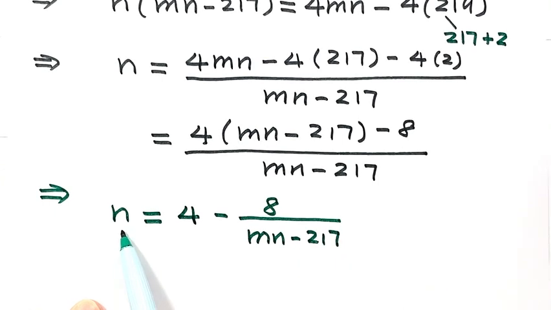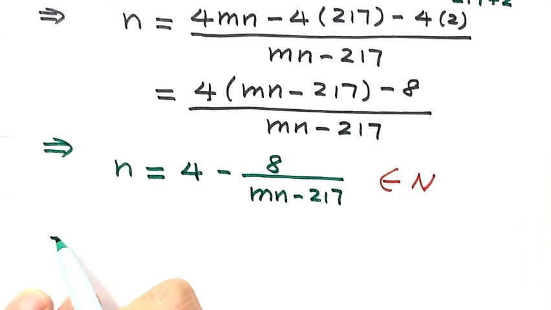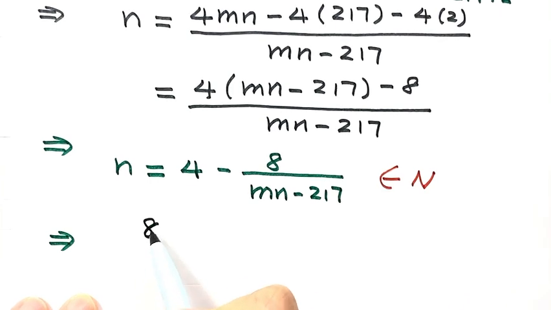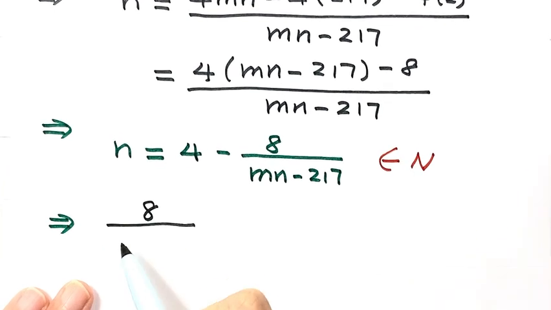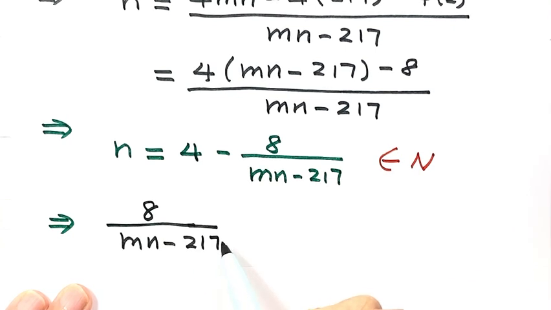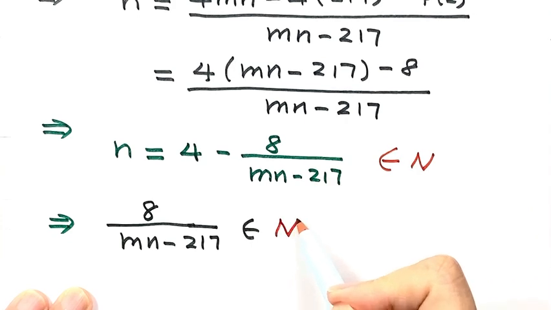Because n is a positive integer, that means this expression is a positive integer. Since 4 is a positive integer, that means this part, 8 over mn minus 217, must be an integer.